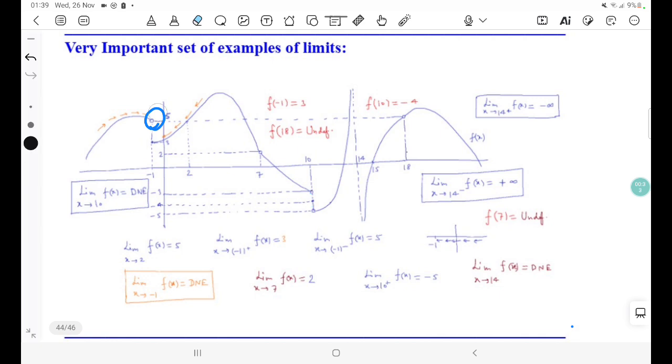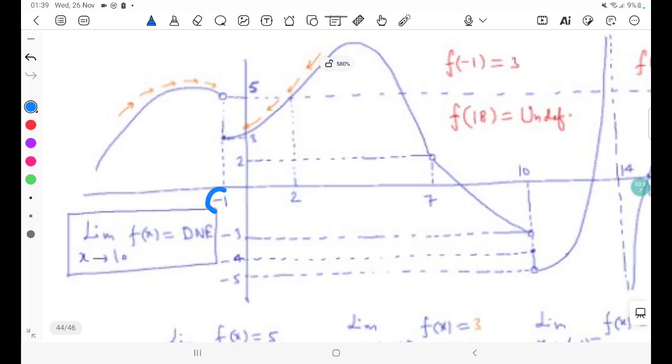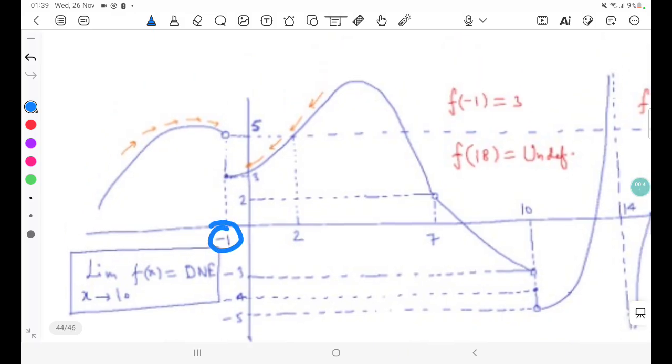So let's get started. If we look at this point x = -1, as x approaches -1 from the left hand side, we will see that the function moves towards the value 5. So we can say that the left hand limit as x approaches -1 is 5.